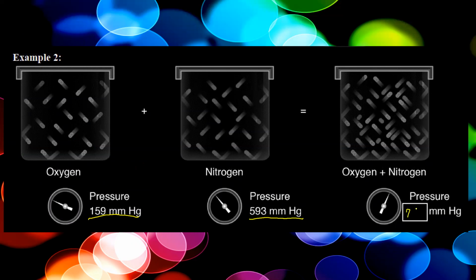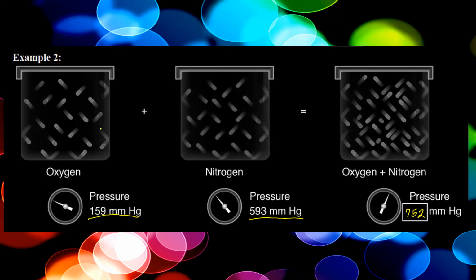I heard 752. Okay, are we adding or subtracting? Adding, yeah, we're putting them together in the same container. Let's add them up. So if you would add 159 plus 593, I do feel like 752 sounds about right. Is that about right? Yeah, okay.